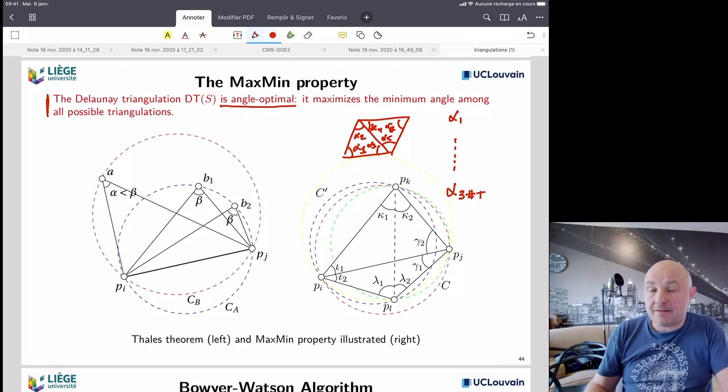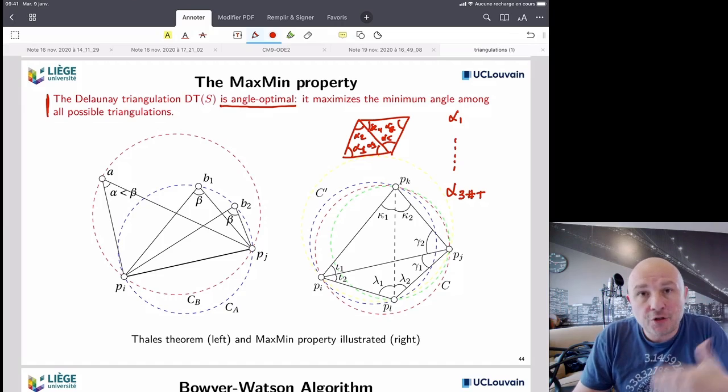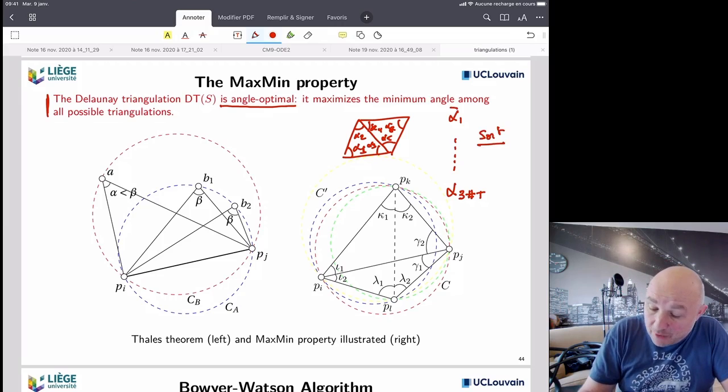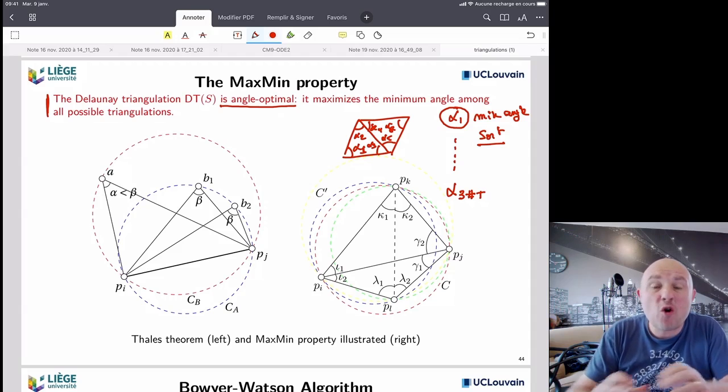You've got as many angles as 3 times the number of triangles. And you sort those angles such that alpha 1 is the minimum. So alpha 1 is the minimum angle of all the triangles.